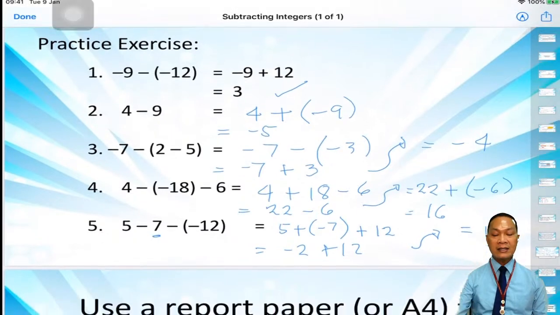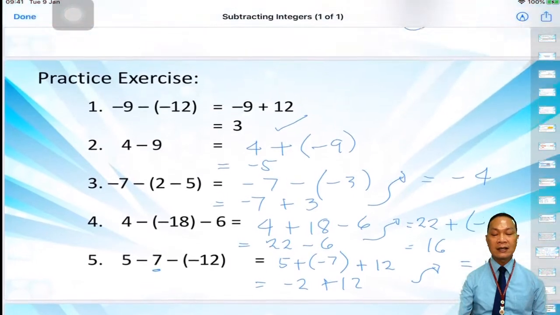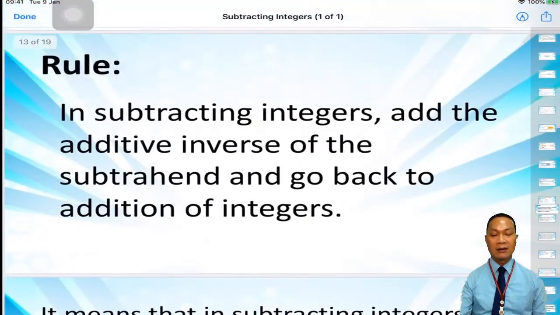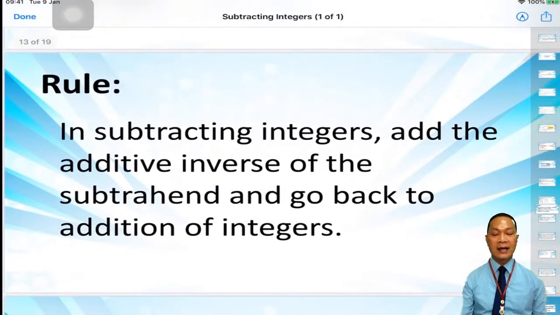In subtracting integers, we need to add the additive inverse of the subtrahend and go back to addition of integers. So you have to add the additive inverse of the subtrahend and go back to addition of integers.